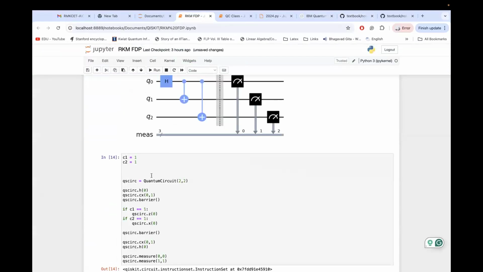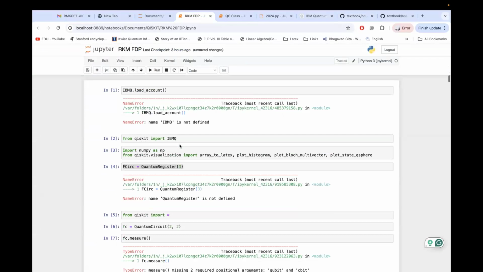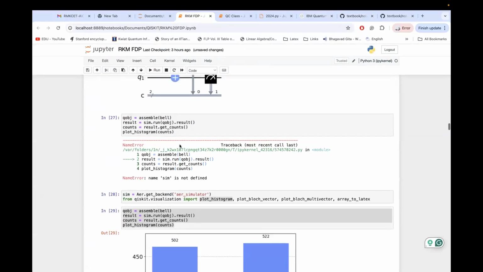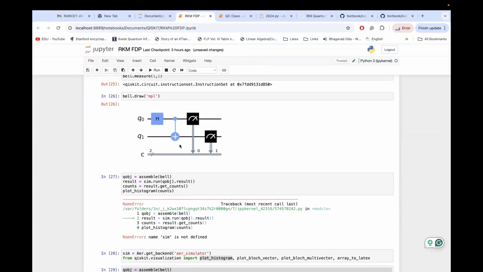And then we discussed how to create a quantum circuit, how to apply some gate operations on the circuit, and how to modify the initial state to the final state. Later on, we saw how to measure the qubits and how to store its information in the classical register. So that we have discussed.